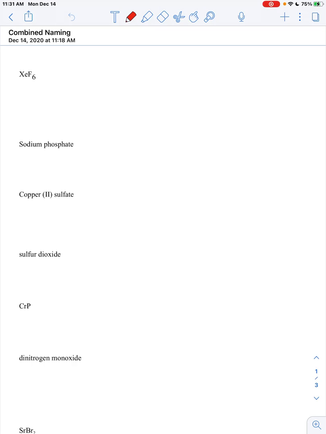So Xe is a nonmetal, F is a nonmetal. So that means this is covalent, and I use the covalent rules to name it. So Xe is xenon, F is fluoride, we're going to change the ending to IDE, and then we look up the prefixes.